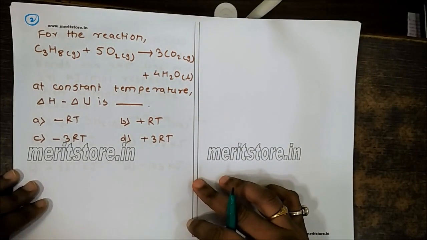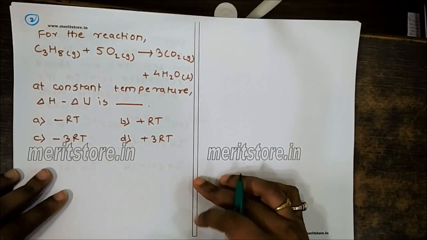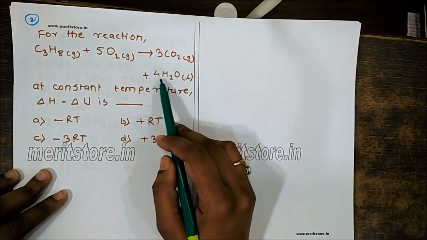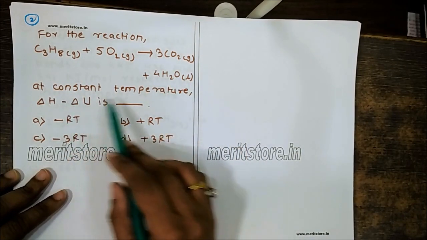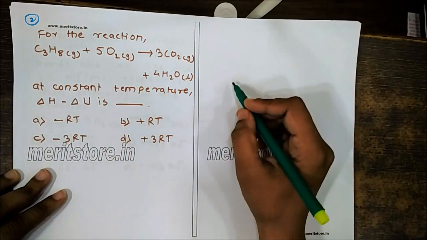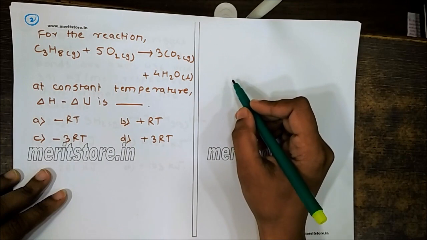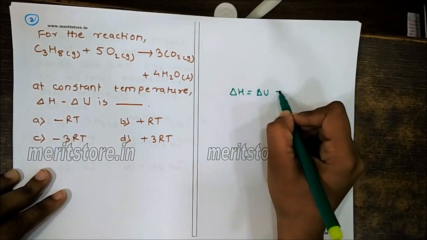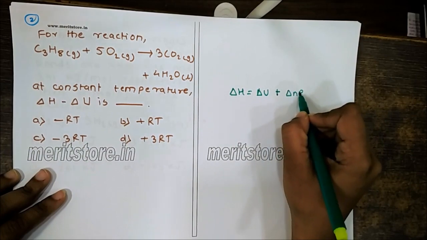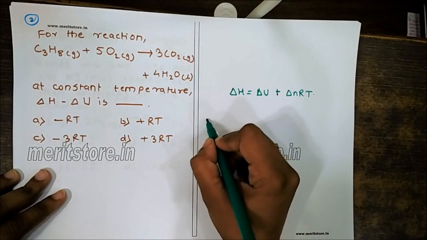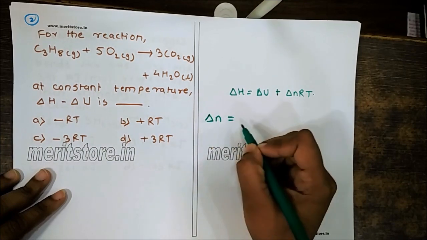Question number 2: for the reaction C3H8(g) + 5O2 giving 3CO2 + 4H2O, at constant temperature we have to find the value of delta H minus delta U. First of all, delta H = delta U + delta nRT. Let us first calculate delta n.